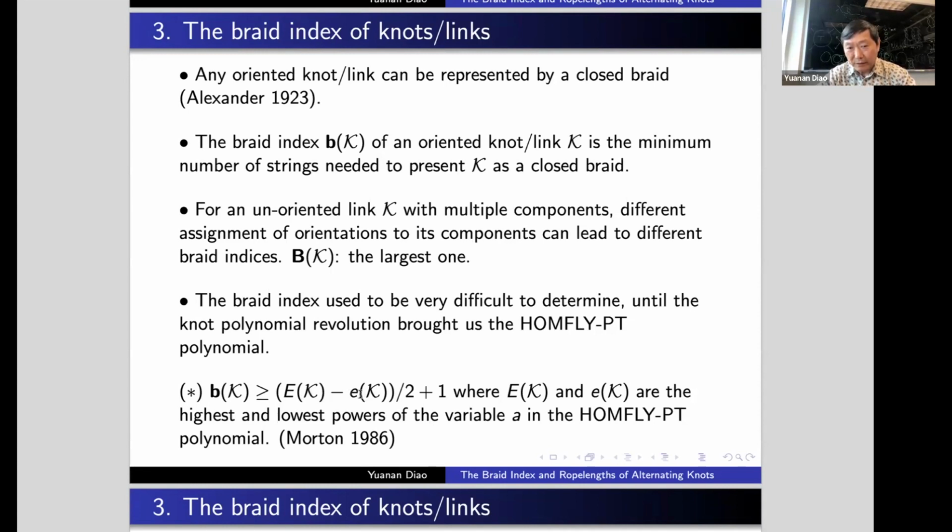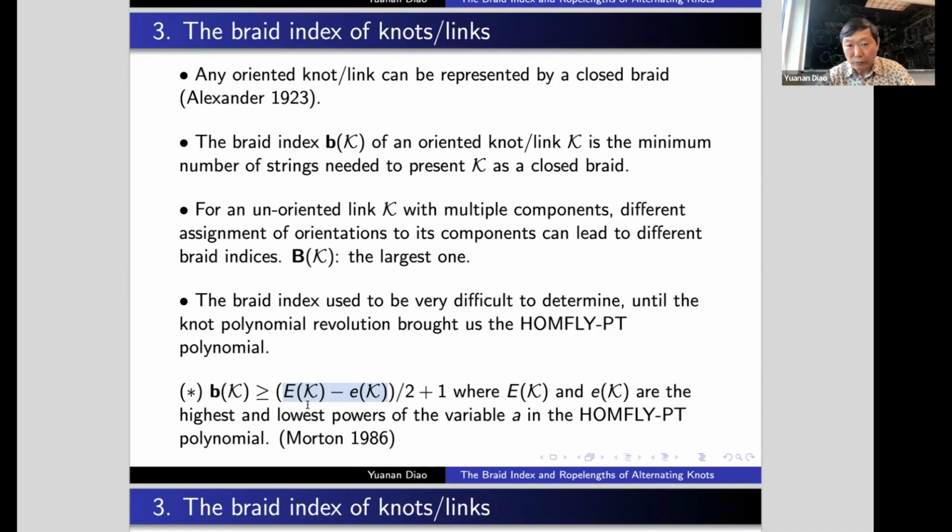The lowercase e of K is the lowest power of A. In other words, this is the span of the A power. You take that span divided by 2, which is always an integer, plus 1. So this number serves as the lower bound of the braid index for this link.